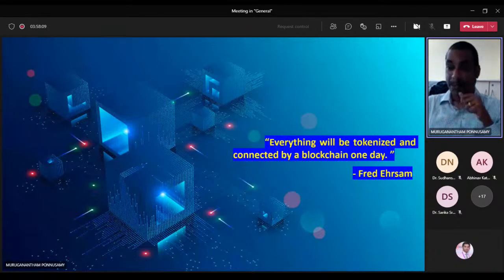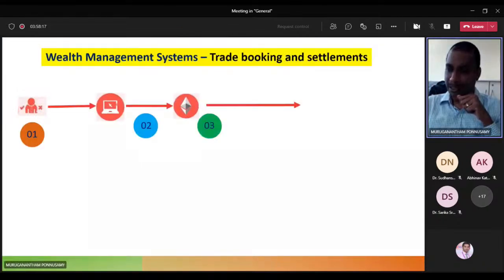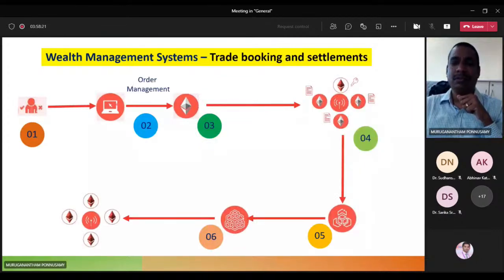So the statement made by Fred is nowadays becoming a real one. Similarly, trade booking and settlements are also possible. The logic I just showed here.